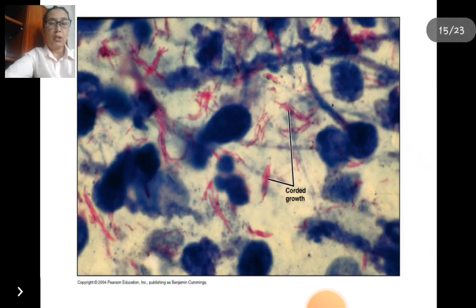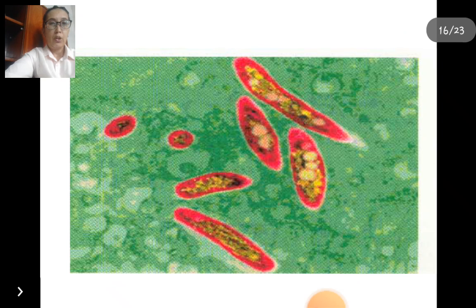In this slide you can see under microscopy red sticks. These are sticks of Koch, or Mycobacterium tuberculosis. It is also one picture under the electron microscope, and you can see also the sticks of tuberculosis.